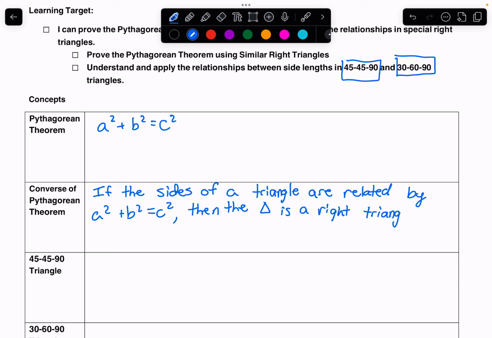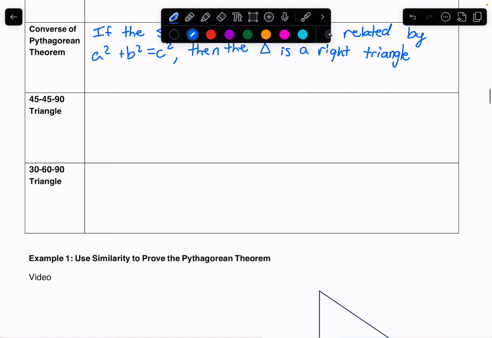So we can use the relationship there to prove that a triangle is a right triangle. If the side lengths are related in a way that the a squared plus b squared sides equal the c squared side, then we know that the triangle must be a right triangle, even if we didn't know it at the beginning. We're going to skip these next two for now.